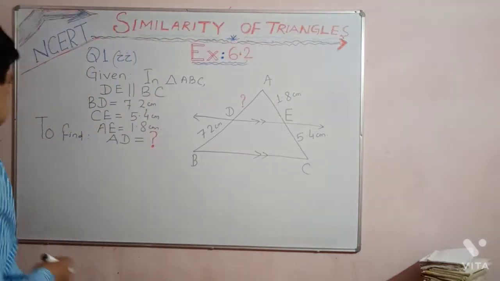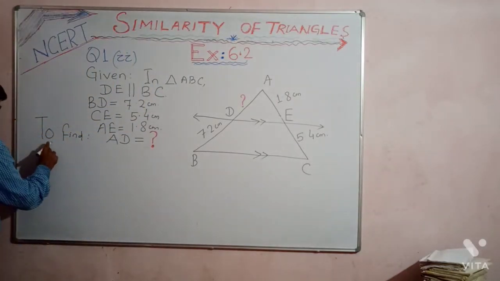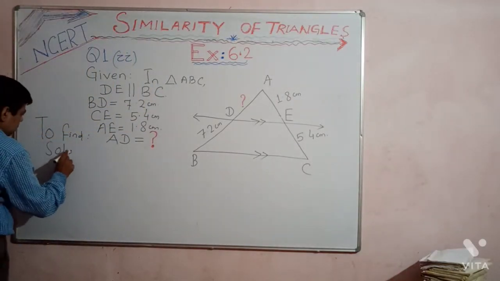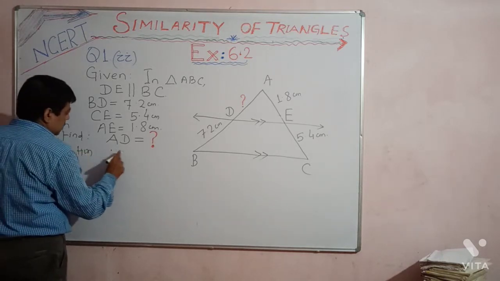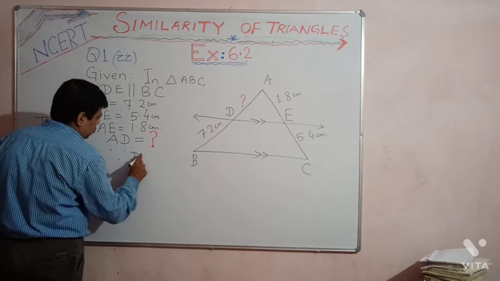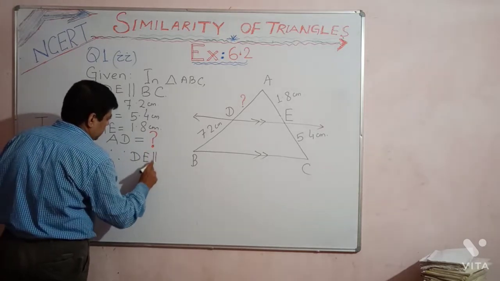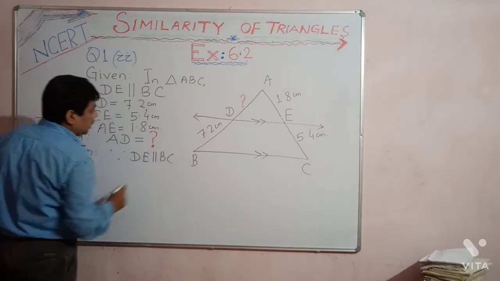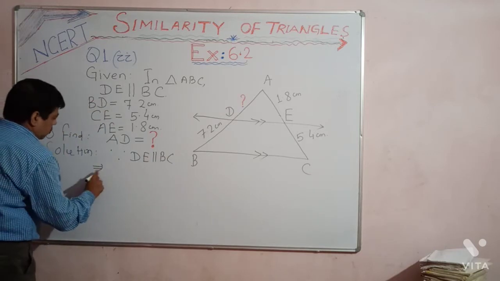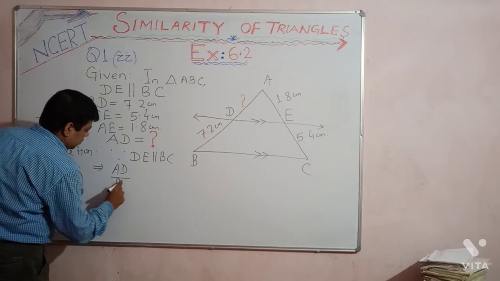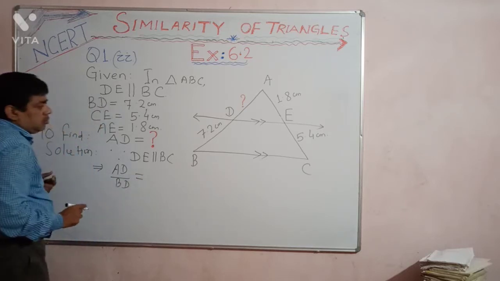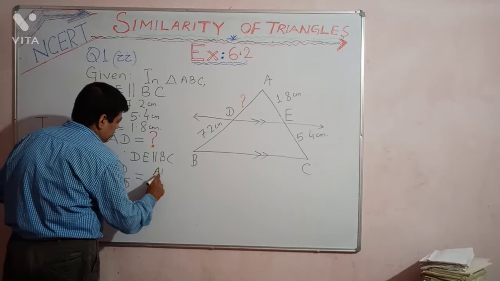So let us find the solution. Since DE is parallel to BC, yes or no? DE parallel to BC. So we can find AD upon BD is equal to AE upon CE.